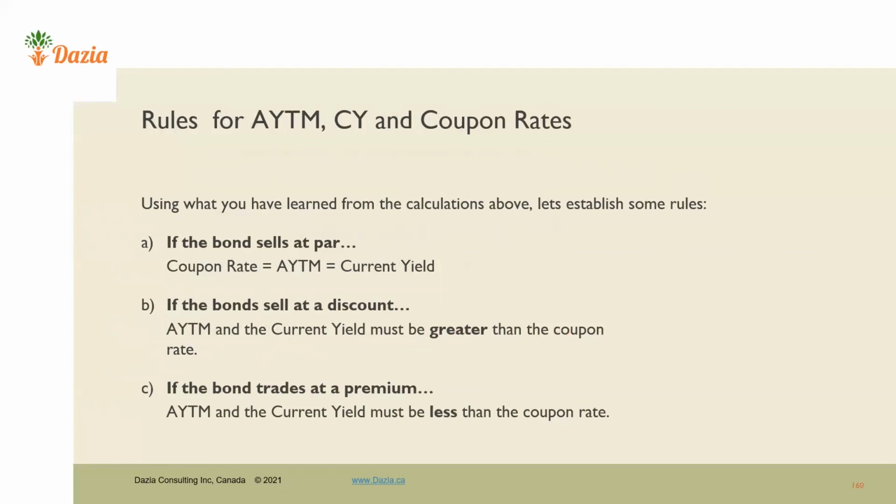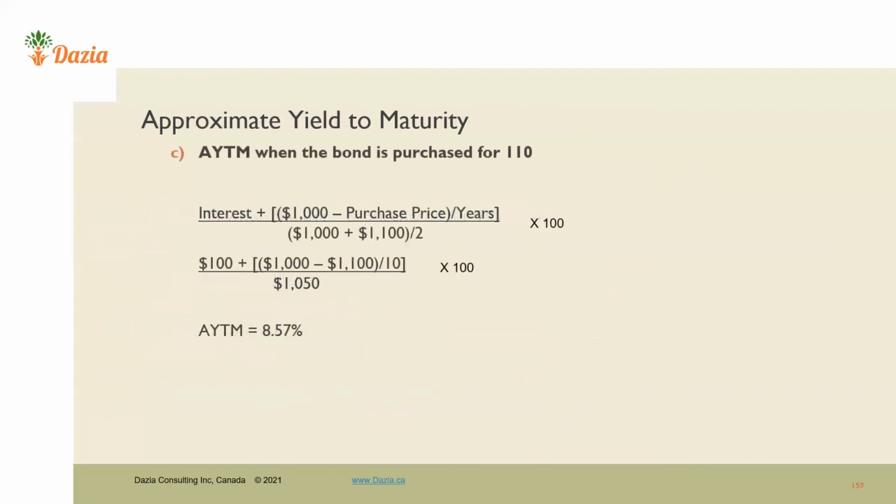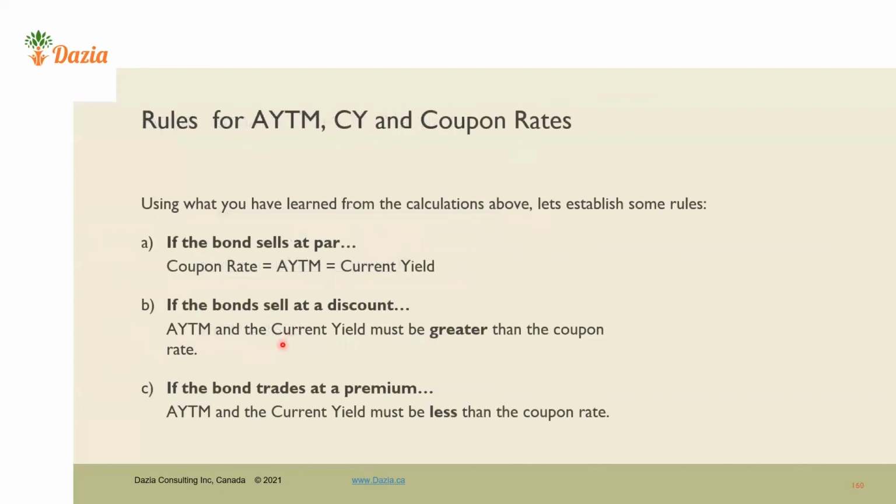Like we saw in this case, you bought it at a discount at 900 and your AYTM is 11.57%, which is higher than 10%. And if you buy it at a higher price, at 1,100, your AYTM is going to be lower. So that is what we're saying here: if the bond trades at a premium, the AYTM and the current yield will be less than the coupon rate.